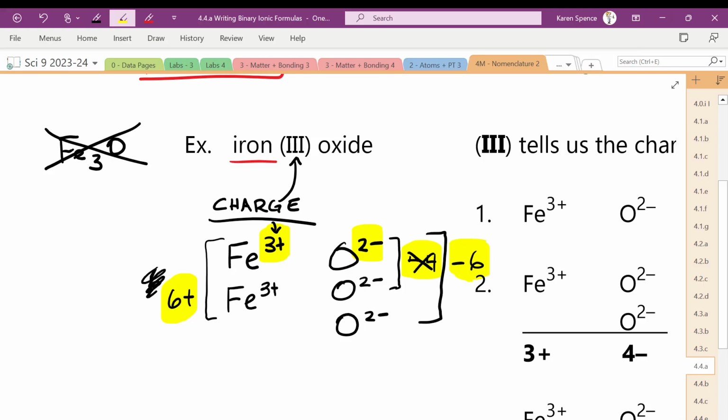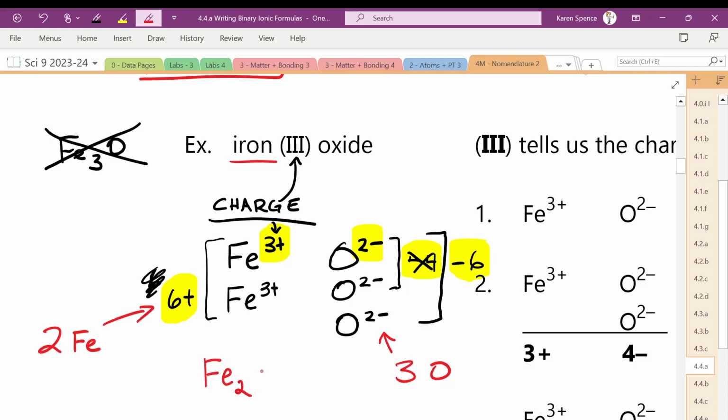Hooray! How many irons do we have? 2 Fe's. How many O's do we have? 3 oxygens. So when we write the formula, it's going to be Fe 2 O 3.